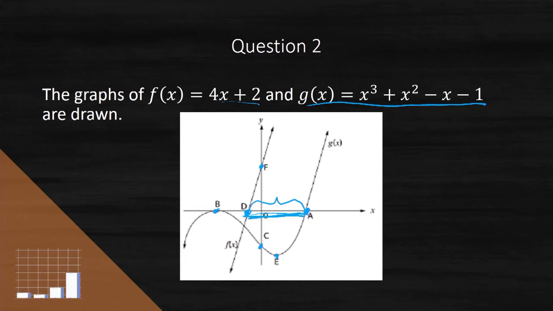Well, it's a horizontal distance, so it's simply going to be the difference between the two x values. So what that tells me is that I need to find the x-intercept of the cubic function, and I need to find the x-intercept of the straight line, and then only will I be able to find the distance DA.